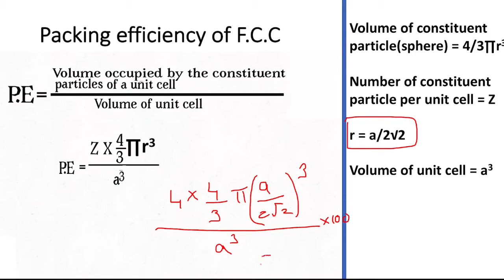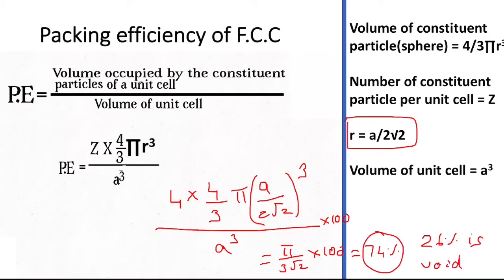You will get the answer as pi by 3 root 2 into 100, that is equal to 74%, which means 26% is void.